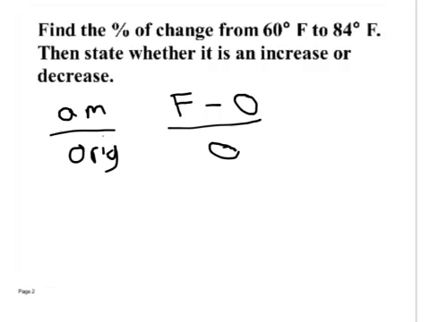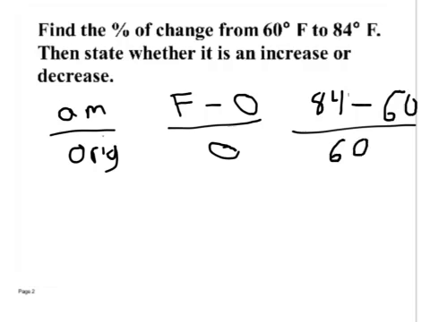So what was the final amount? 84 degrees. That's how the final temperature was, 84 degrees, right? What was the original? 60. So we're going to take 84 minus 60 and we're going to divide it by what? What was the original? 60. That's what we start out with. 84 minus 60 is 24.